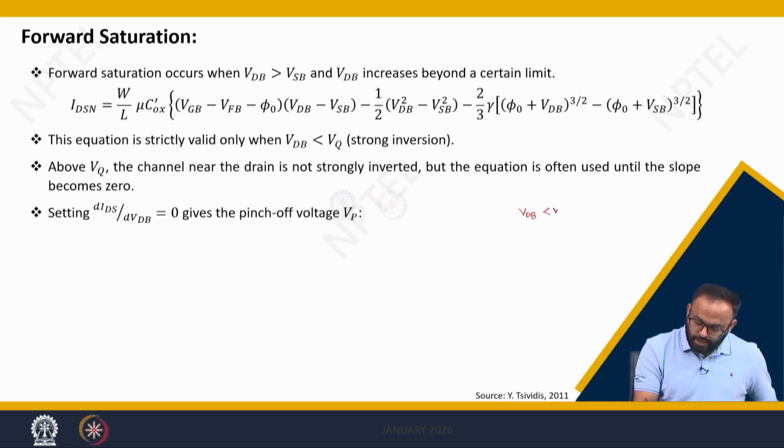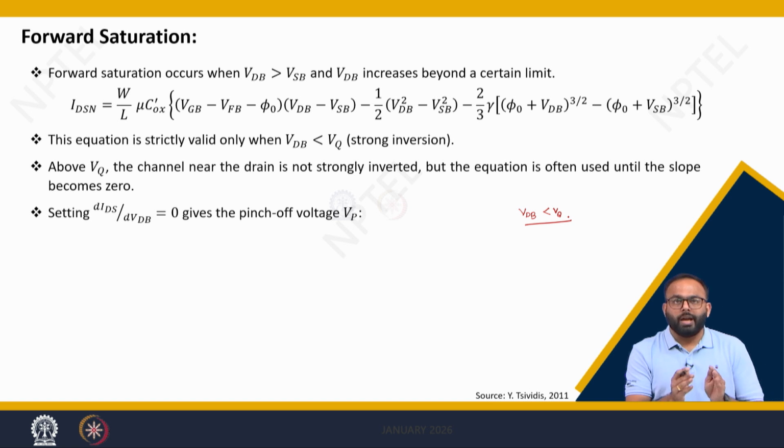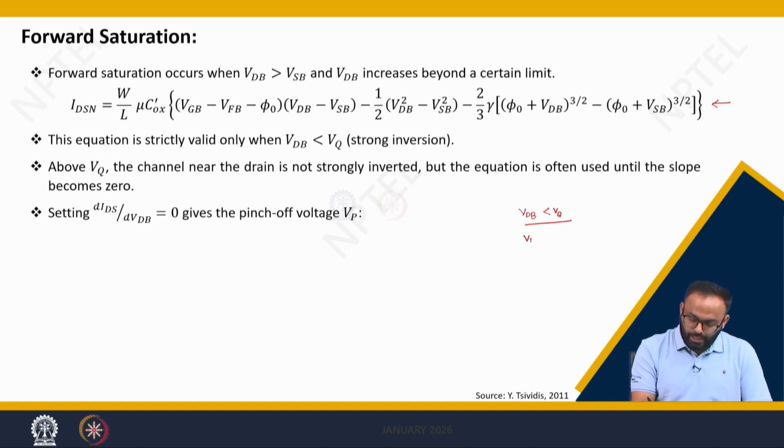So if we operate the MOSFET in the voltage range which is less than VQ, meaning my drain end is in strong inversion and the source end is also in strong inversion, and hence this current holds good. What will happen if VDB increases beyond VQ? Then near the drain, my channel gets tapered, and hence I have a very narrow region over which my carriers flow, correct.